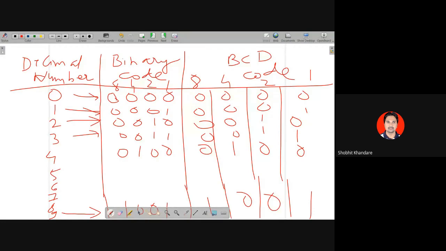I can comment now. Your binary code is following 1248 for all the decimal numbers. But as far as BCD code is concerned, this BCD code is only following for the numbers 0 to 9.